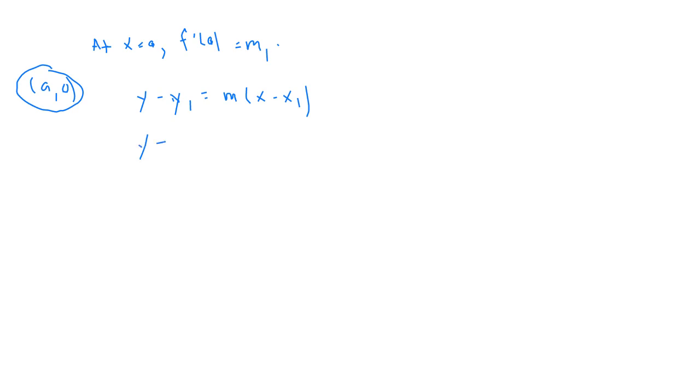So y minus 0 equals m1 times x minus 0. Sorry, I should say y minus a equals m1 times x minus 0, and therefore y minus a equals m1 times x.